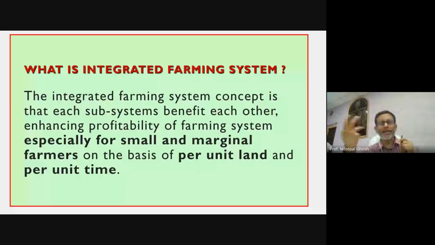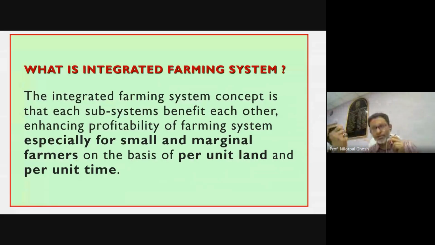But we are thinking about the integrated farming system, considering the environment, but mainly considering the small and marginal farmers, on the basis of increasing profitability per unit land or per unit time. The same time is invested, but the income generated is more than in the conventional system.